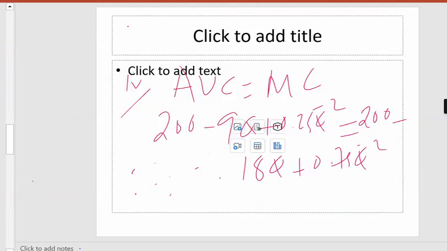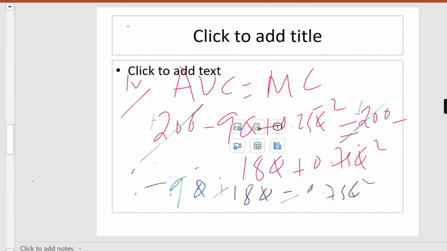Now this is positive, and this should be cancelled, right? Because it is positive. We just want to put in like terms. Here there is a minus, so it will be minus 9Q plus 18Q is equal to 0.75Q square. Was this plus or minus? 18 is minus.